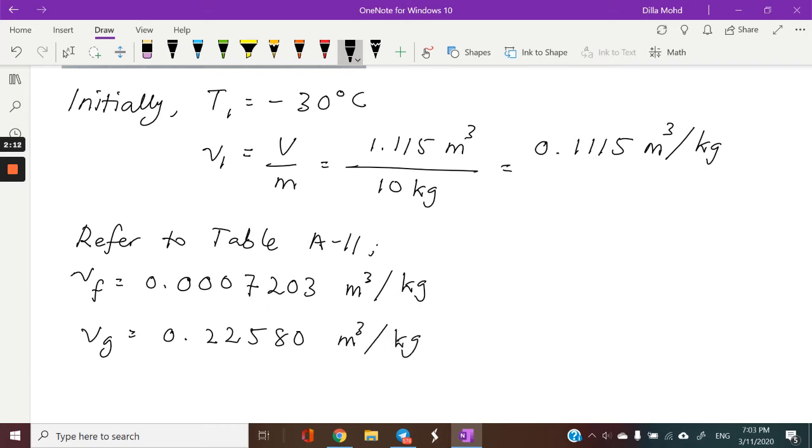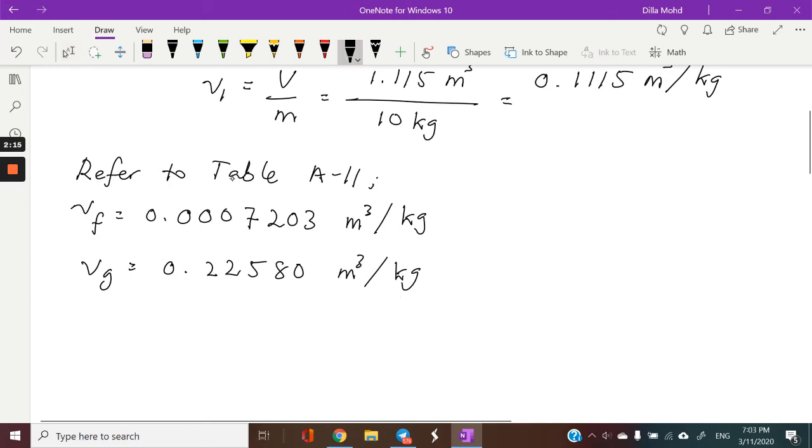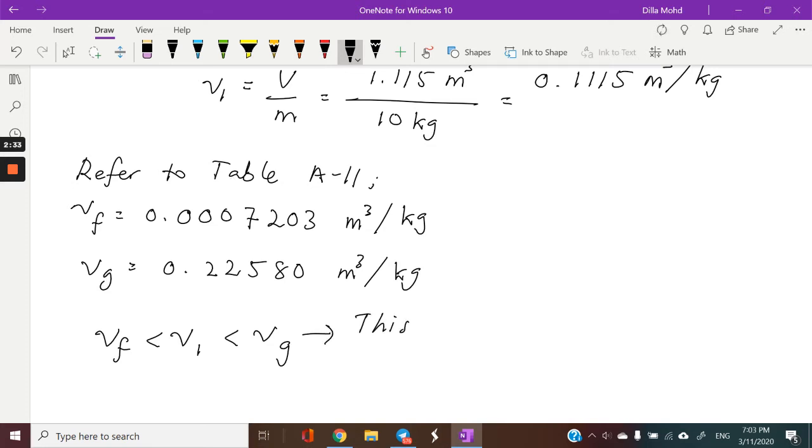Next, you need to compare these two values with your actual v1. You can see that your vf is less than your v1, and this is less than your vg. So this indicates that your initial phase is a saturated mixture.